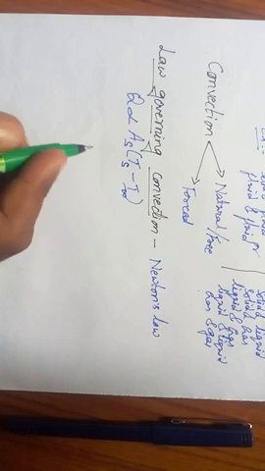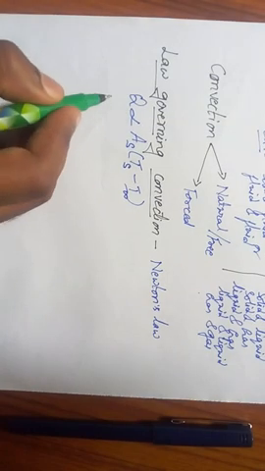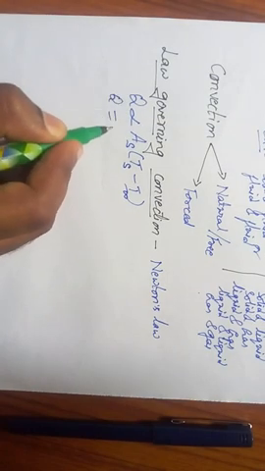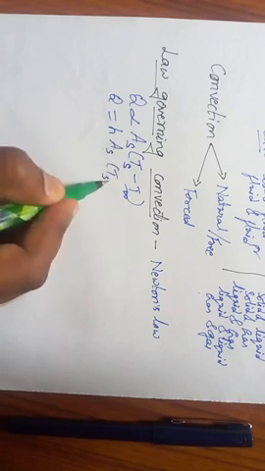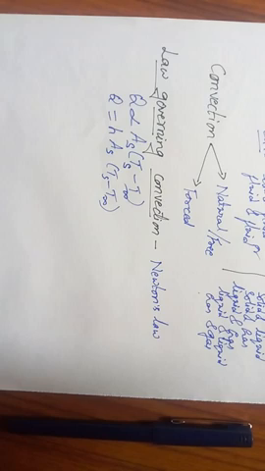Now this proportionality sign will be removed by adding a proportionality constant called H. This is the equation to find the rate of heat transfer.